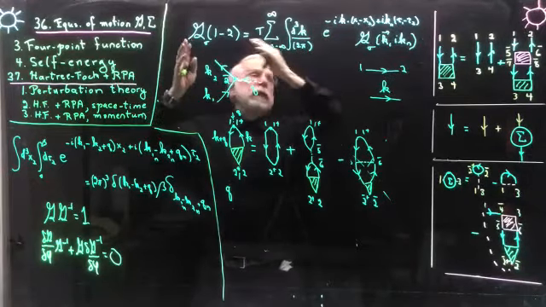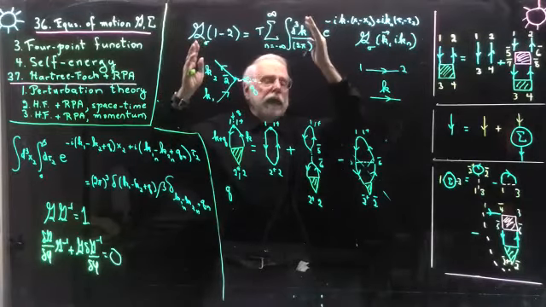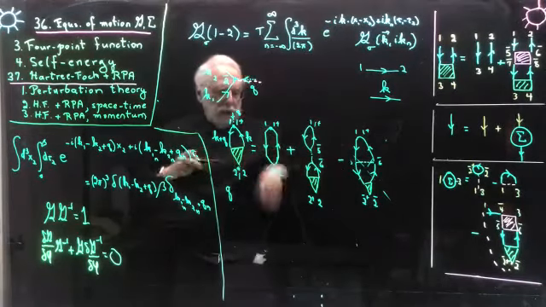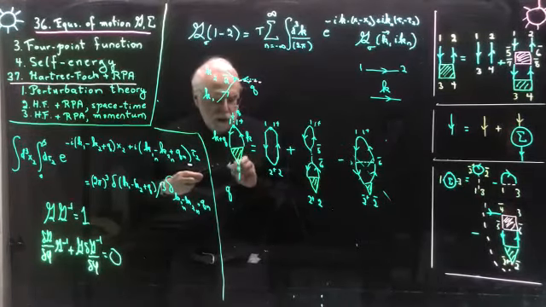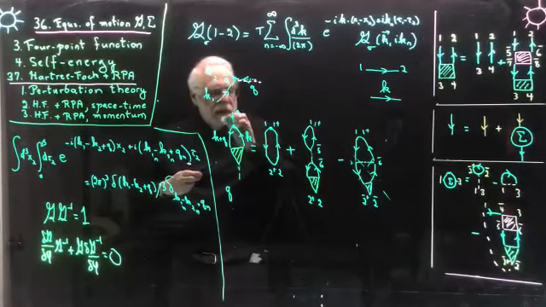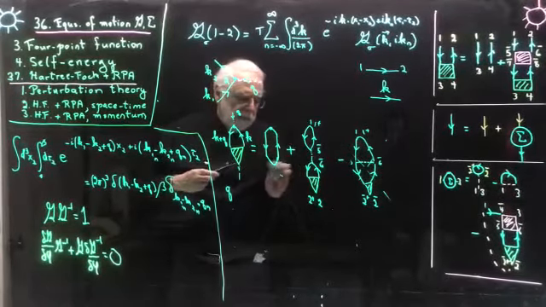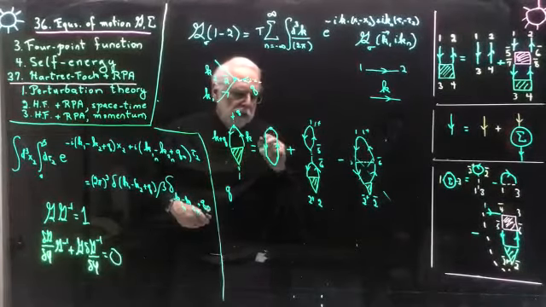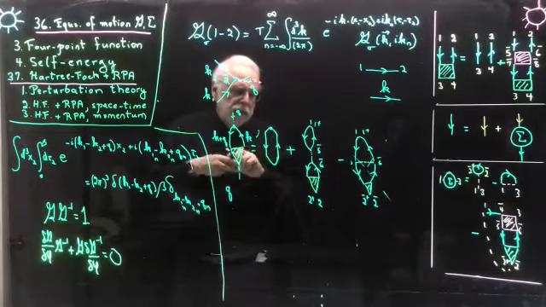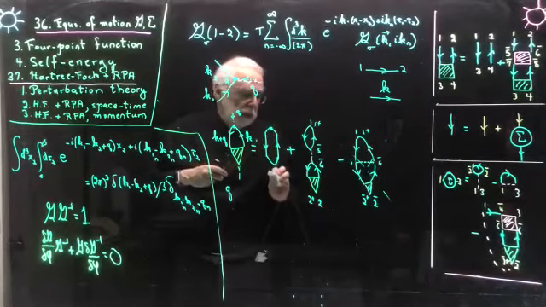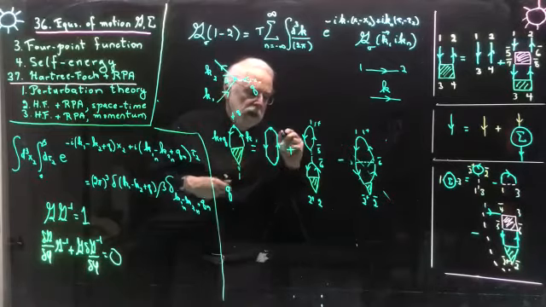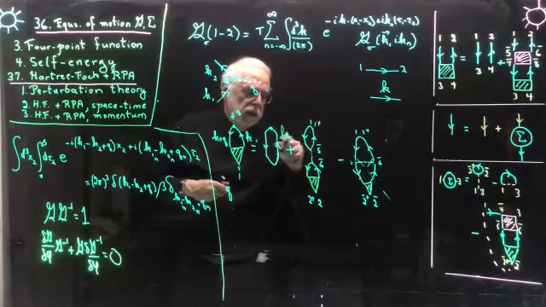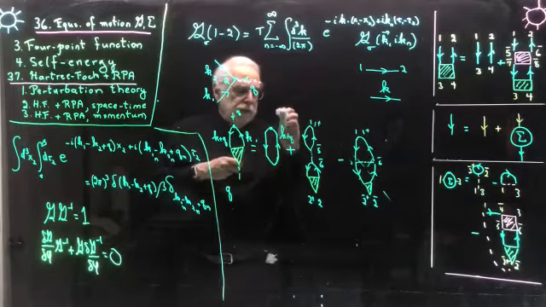I replaced all the Green's functions by an integral over K. So here this one is very simple, the same idea, and we get rid of this. Then I have K plus Q here.